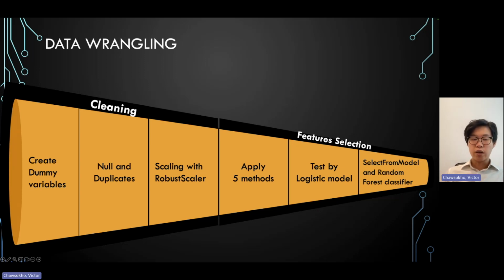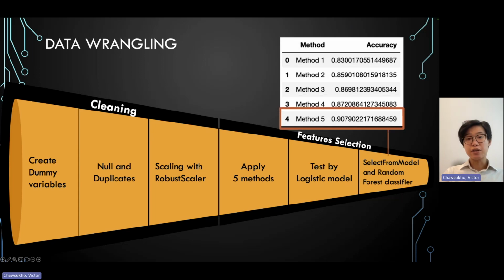Basically, we apply 5 methods, and we see which one gives us the fewest features. We also test the methods using a logistic model. In the end, we chose SelectFromModel with the random forest classifier method.